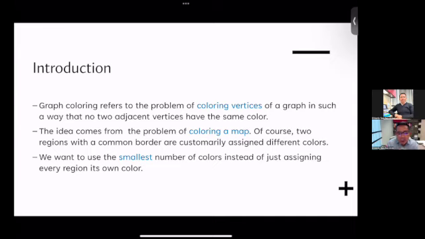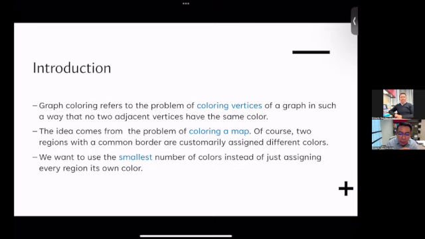And the idea comes, as the name may suggest, from coloring a map. If we have a map, and of course we would not like to use the same color to paint two regions which have a common border. In order to distinguish between them, we will need to use different colors.